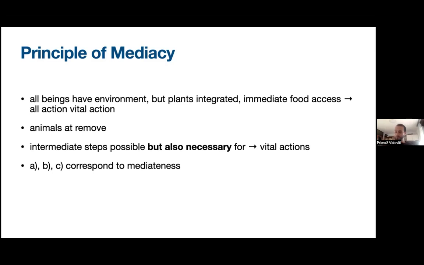So the animal needs these intermediate steps. On the one hand, this realm of freedom becomes possible, but these intermediate steps are also necessary to get to this basic vital self-maintenance.